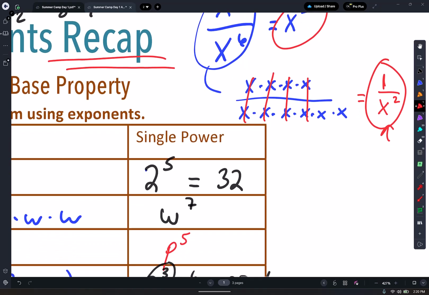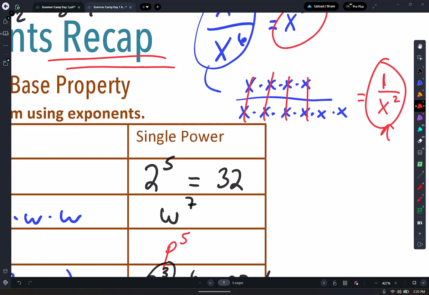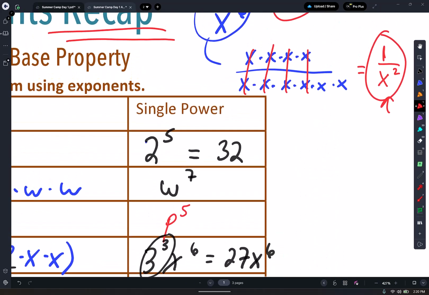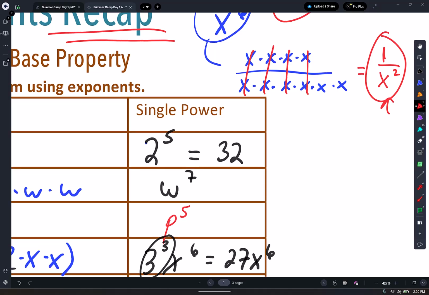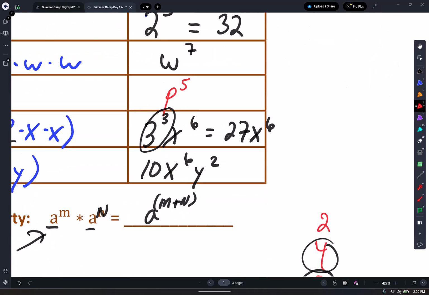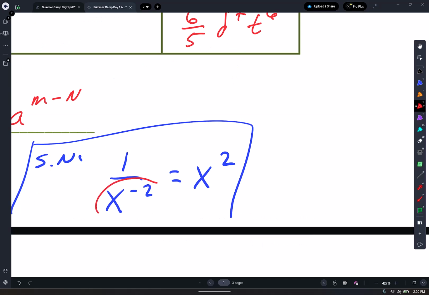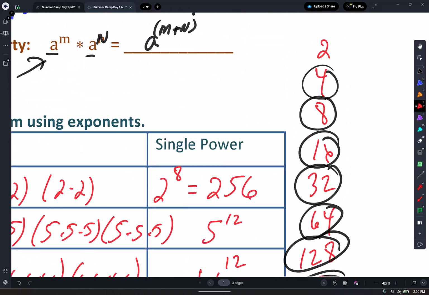Okay, you guys probably want to see it the other way around too, right? So let's see, what did I do? I did X to negative 2, bring it up. What example did I do over here? I already forgot. Oh, yeah. I had a negative 2 on the bottom. Well, that means X squared on the top.